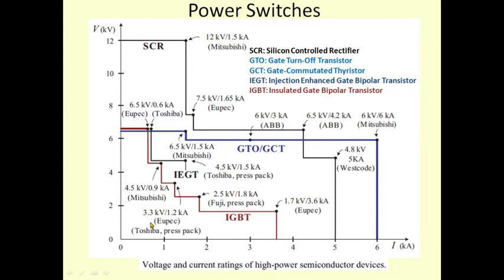For each and every device, when you increase the current capability of a device, the voltage blocking capability of the device will fall down. I talked in our earlier course on power electronics regarding this: what is meant by the blocking capability, and what is the current capability of the power semiconductor device.